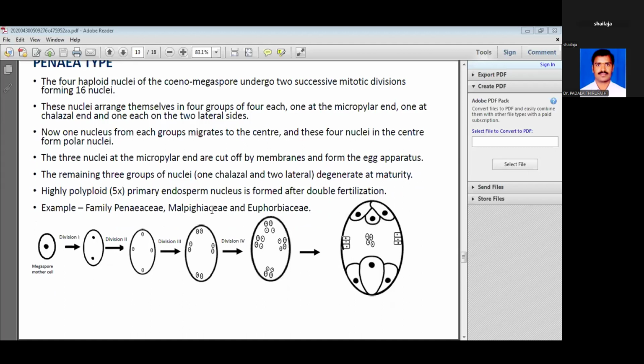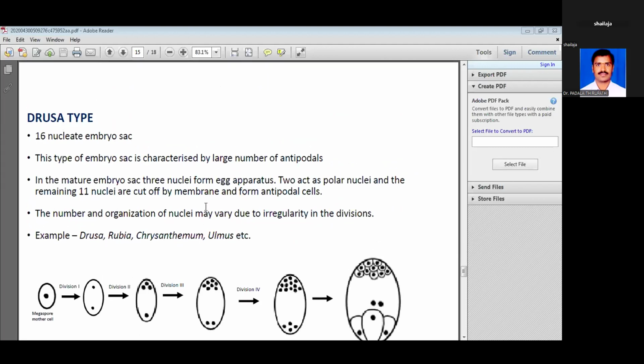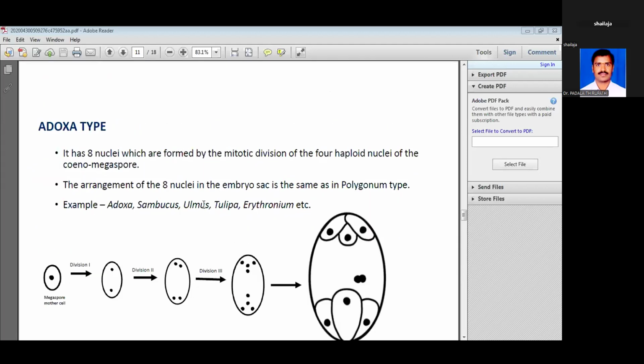So these are the examples of 16 nucleate embryo sacs. Then we come to the 8 nucleate embryo sacs: Adoxa, Plumbago, Fritillaria. 8 nucleate embryo sacs are of 3 types: Adoxa, Plumbago, Fritillaria, APF.